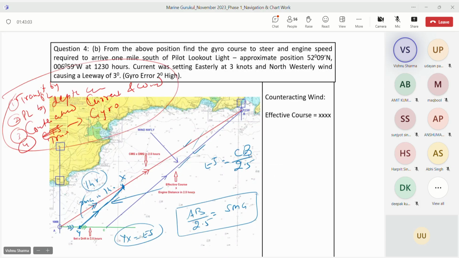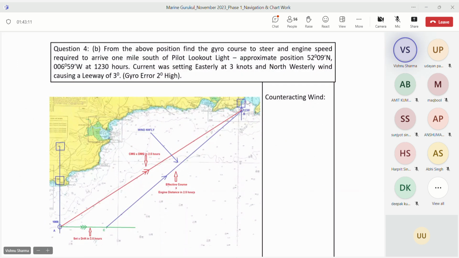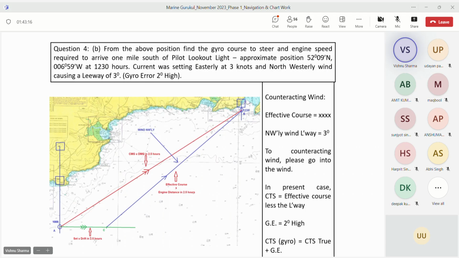You can take the plot with this, and with all that is written here. So this will give you the proper result. Again, in this case, we had the 4 elements to complete the triangle. We had the CMG, we had the engine SMG, or the duration in which the distance AB was to be made good. We had the set, we had the rate, and therefore we could close the triangle.